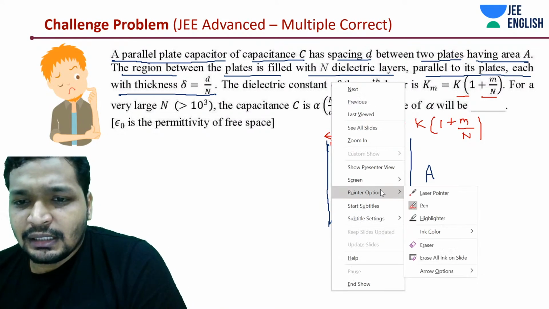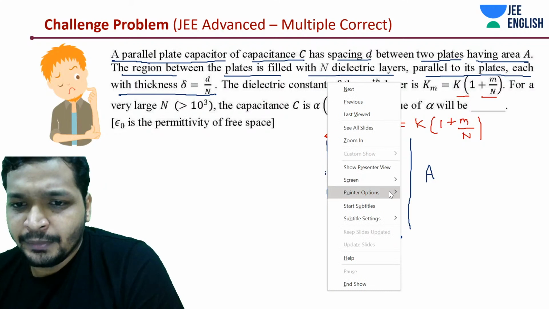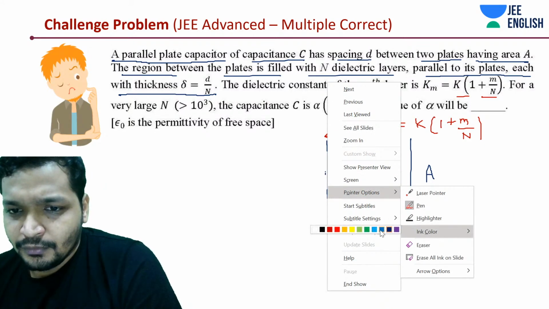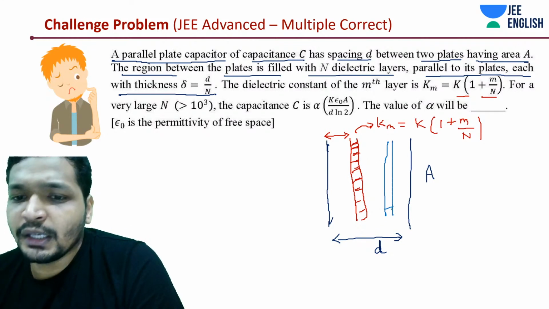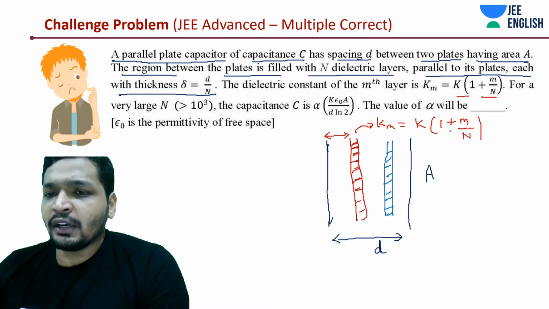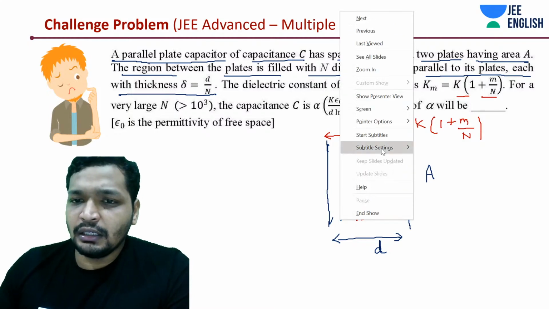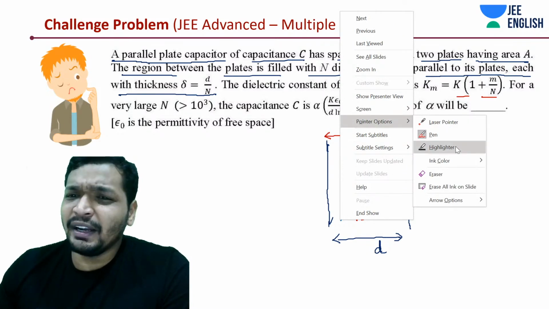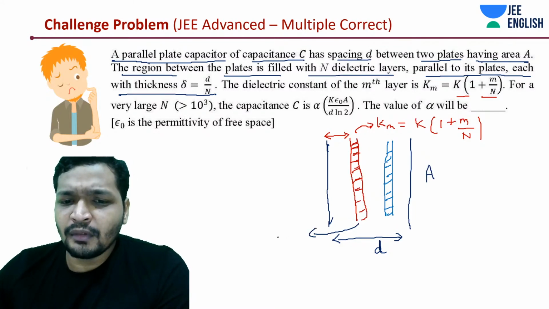Let's say there is another dielectric at some point over here. It would also have some dielectric constant depending upon its number. Everything is d by n, so this is also d by n, and this is also d by n.